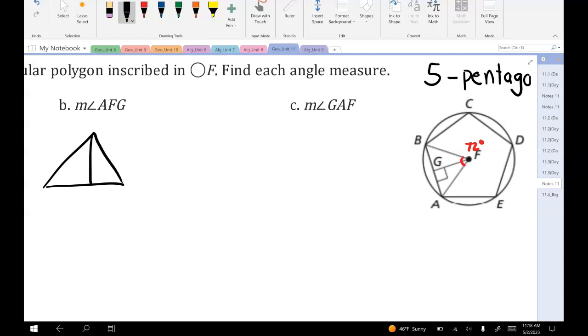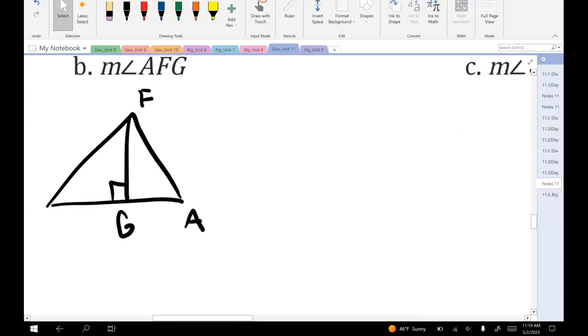That's better. This is F, this is G, and this is A. We're only looking at that side of the triangle right now, so I'll only label those sides. We're trying to find this angle, which I will mark in blue, angle AFG.